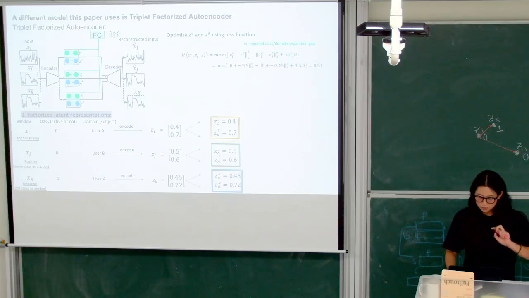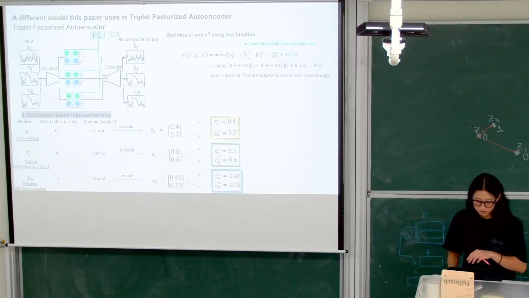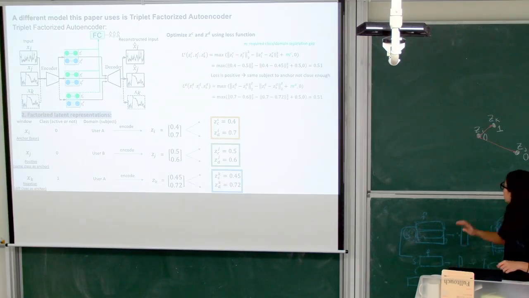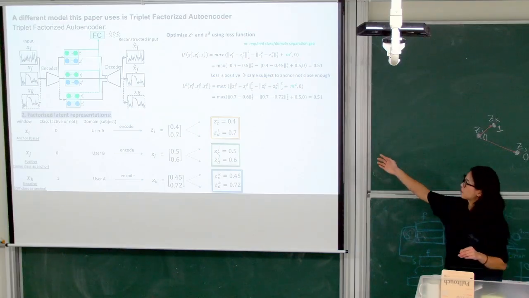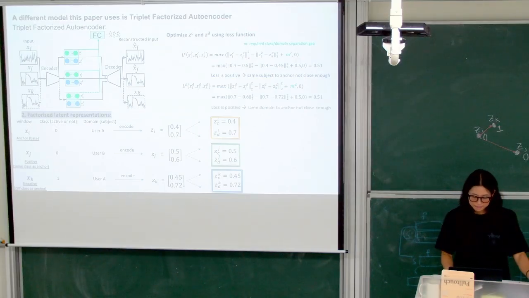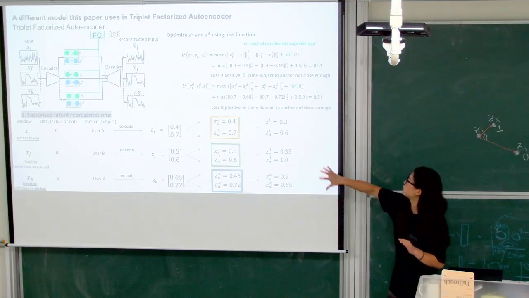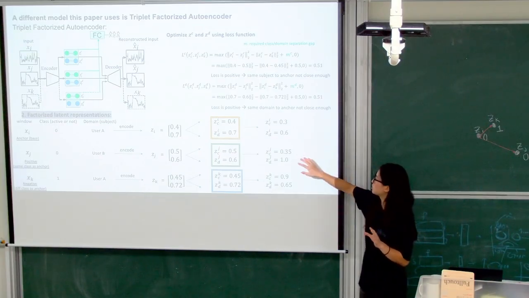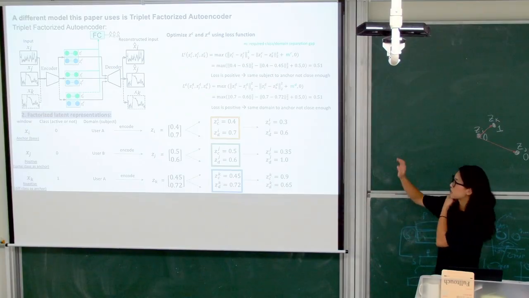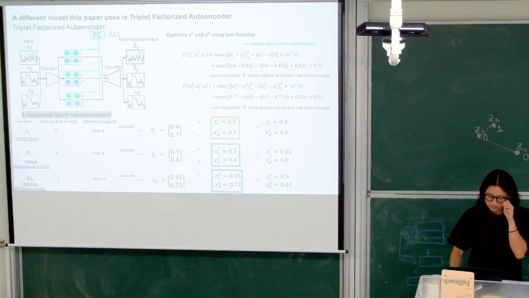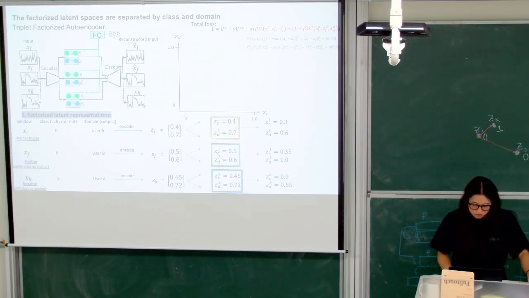So I will skip the plugging-in part, but for the domain, they do the same thing again. And then they just update the new z latent space variables based on the losses. I think visualizing might be better.